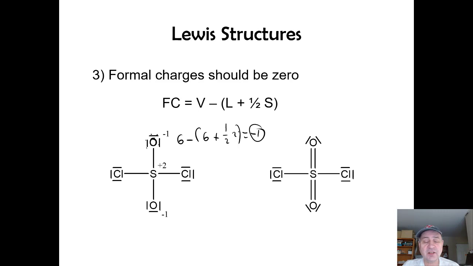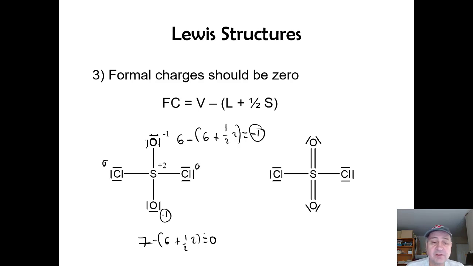So oxygen here, singly bonded to sulfur, has a -1 charge. It's the same thing over here, and the 2 chlorines have 0 because they have a valence of 7, and so they have 7 minus 6 plus half of 2. That gives a formal charge of 0.